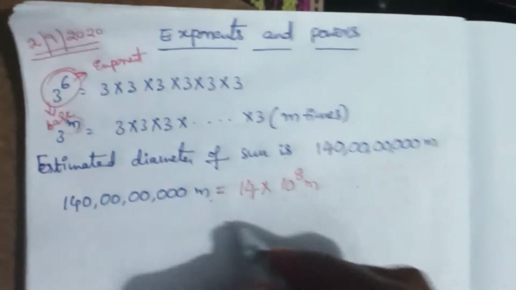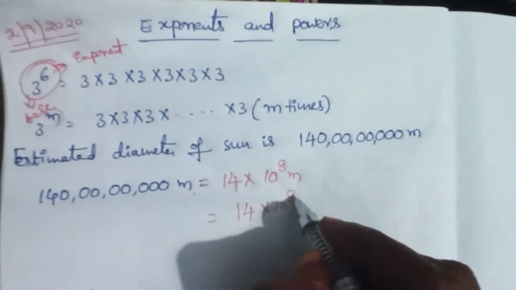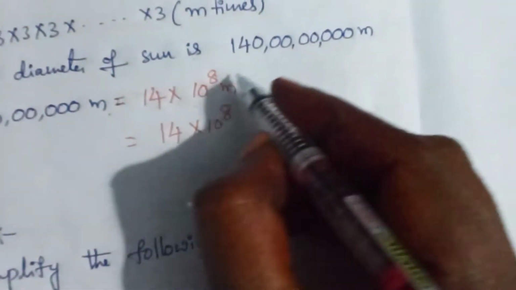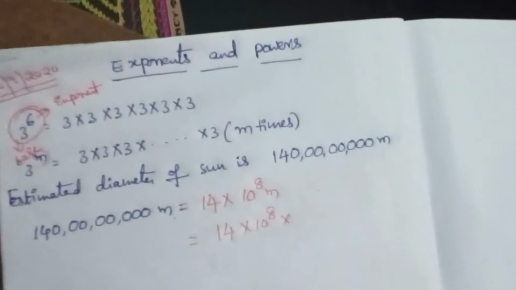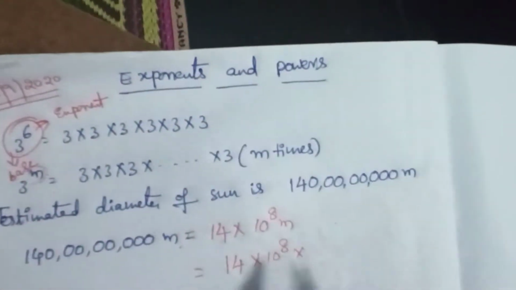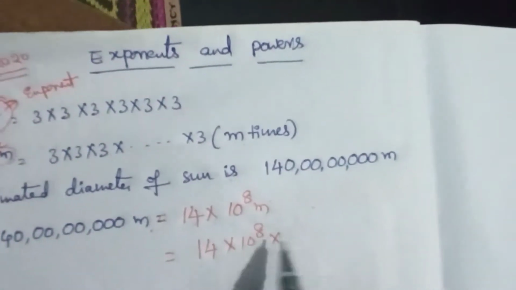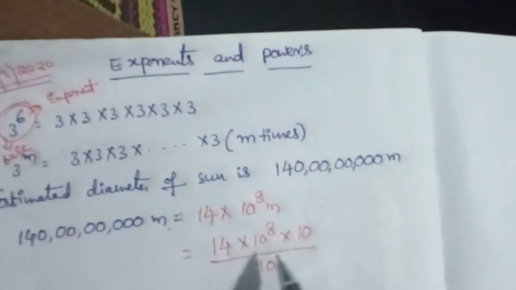So now 14 into 10 power 8, we multiply and divide both numerator and denominator by 10.